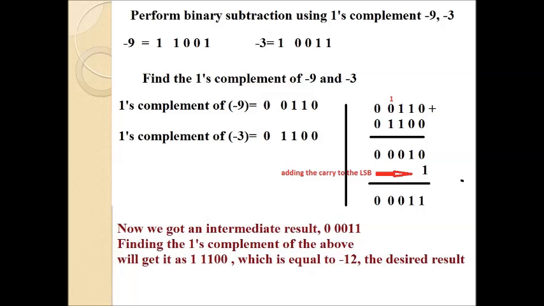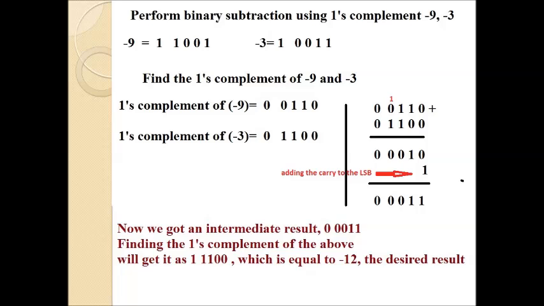So when we add, you can see that 0 plus 0 is 1, 1 plus 0 is 1, and 1 plus 1 we are getting a 0 with a carry, and that carry 1 plus 1 is 0, and now we cannot add that extra carry to the sign bit. So we add that carry to the least significant bit.